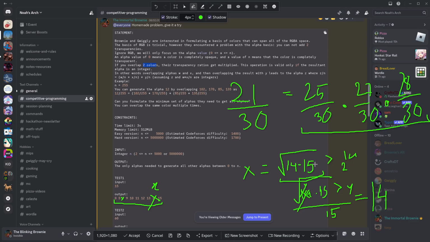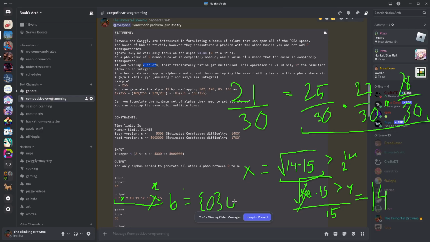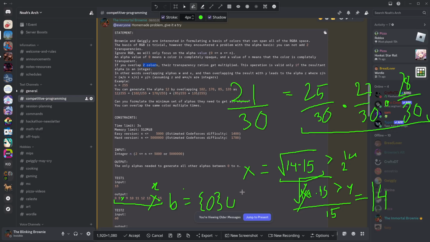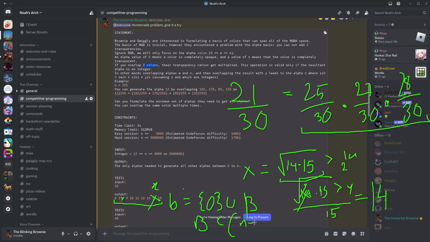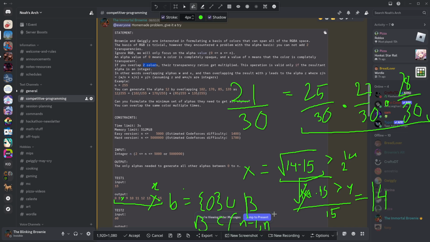And yeah, so you can always increase it until you get a basis that's like 0 with some numbers, I'll write them as a capital B, where B is in the range n-1 to n. That's very interesting in my opinion.